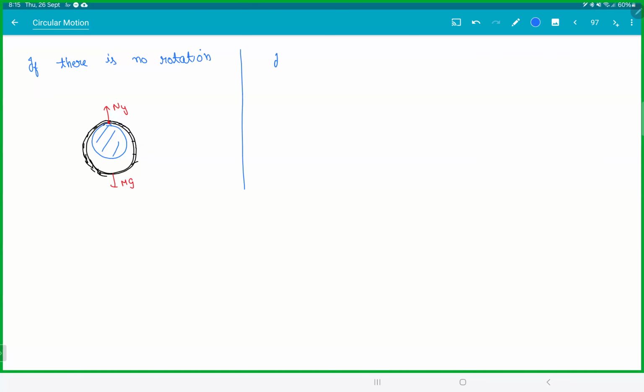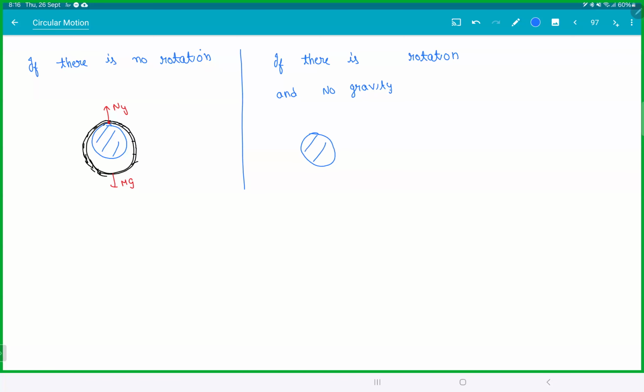Suppose there is only rotation but no gravity. I'm trying to show you both separately. If there is rotation and no gravity, the ring will just float here, and suddenly if you pull, it will hit horizontally. So your diagram would look like this.